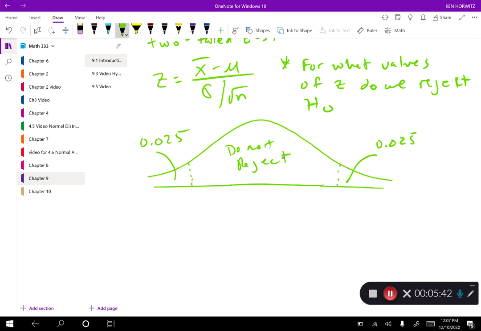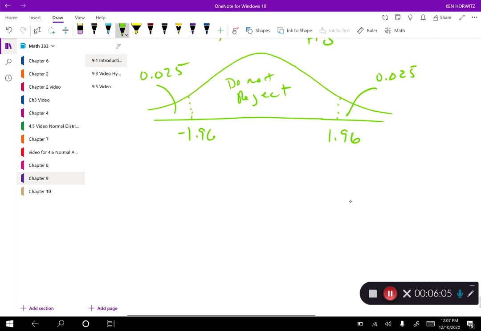So we know from our alpha that our critical values are 1.96 and negative 1.96.